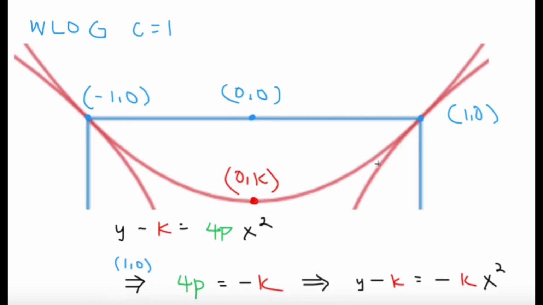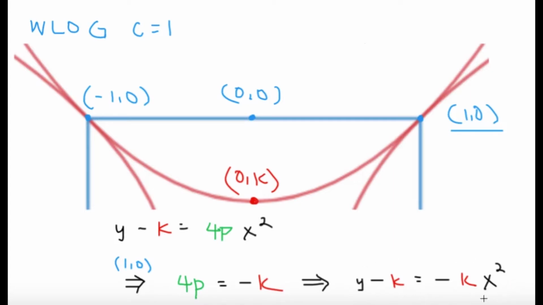If c equals 1, then 1, 0 is a point on the parabola. Substituting 1, 0 into this equation, I easily observe that 4p equals negative k. So another variable is eliminated. So we have y minus k equals negative k x squared.